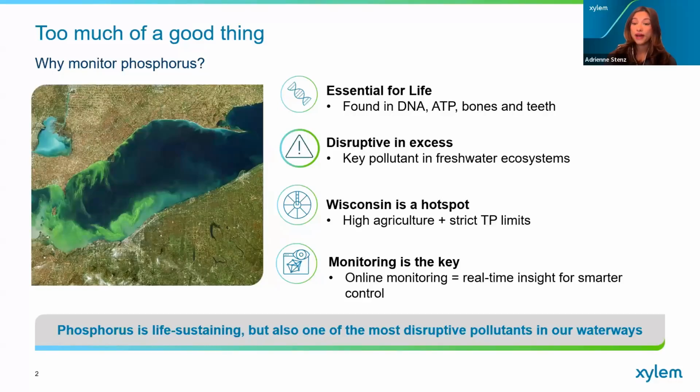Wisconsin is a hot spot for phosphorus concerns due to its combination of agricultural runoff and high quantity of freshwater lakes, resulting in strict phosphorus effluent limits for facilities. That's why smarter phosphorus monitoring is so important. It gives utilities real-time visibility and control into this essential parameter.